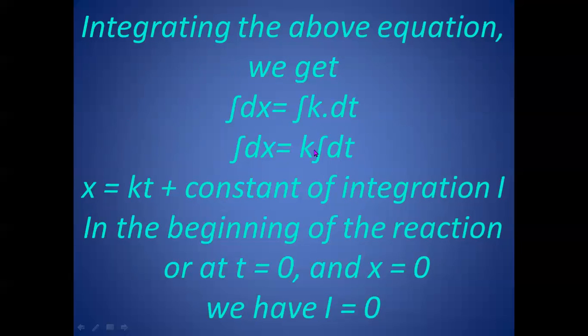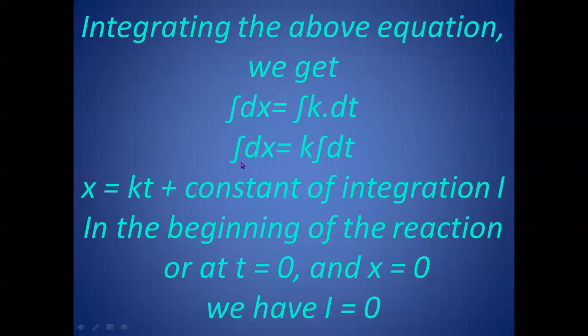So the integration of time is from 0 to t, whereas for concentration it may be C0 to C, where C0 represents the initial concentration of the reactant at the beginning of the reaction. So after integration we get this equation.